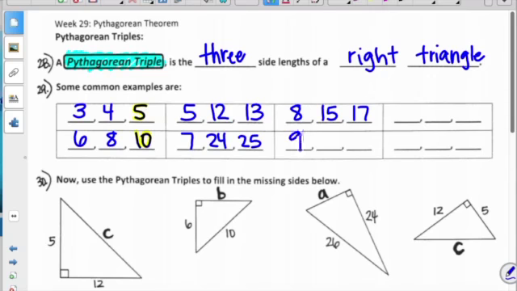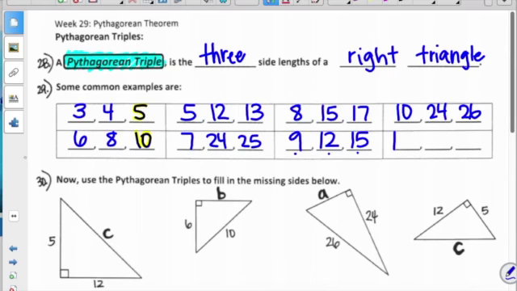So that was a 3, 4, 5 multiplied by 3. So 3 times 3 is 9, 4 times 3 is 12, and 5 times 3 is 15. Okay, another one is 10, 24, 26, which is actually a multiple of the 5, 12, 13. And the last one we're going to give you is 12, 16, 20.